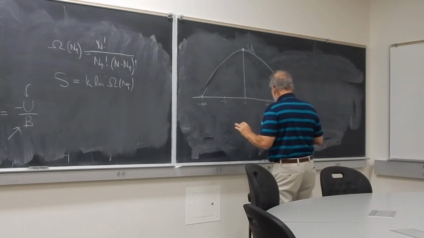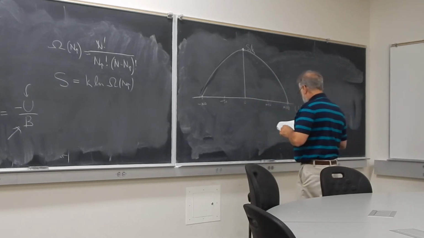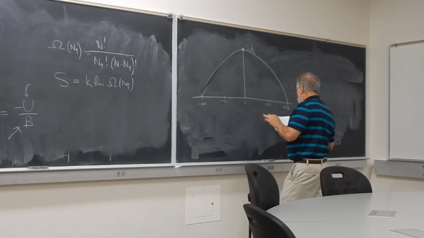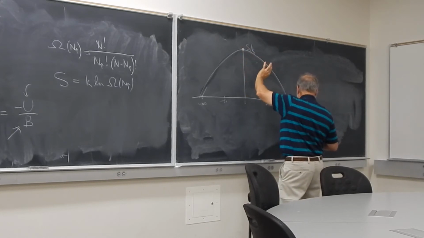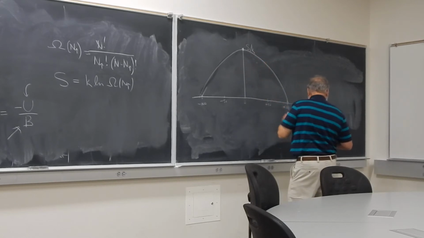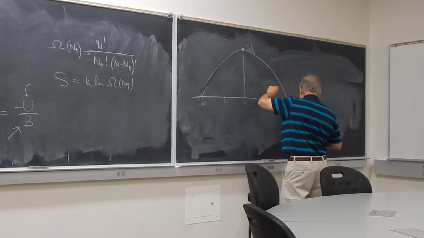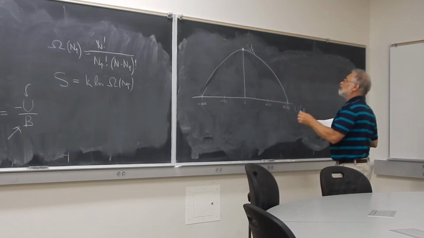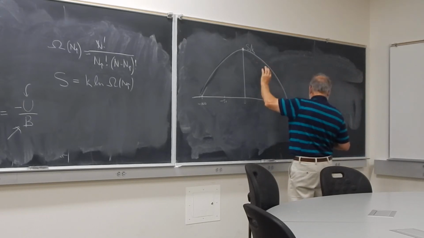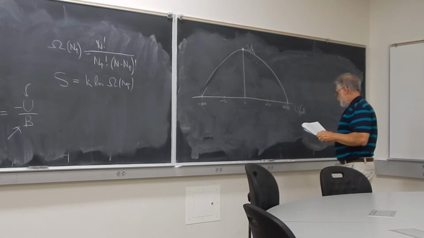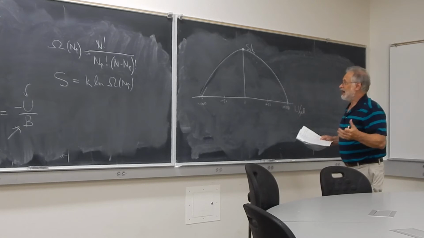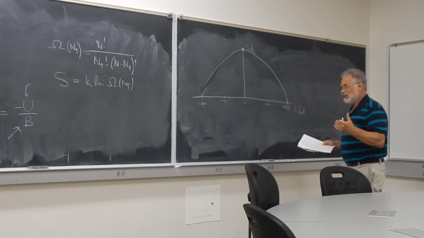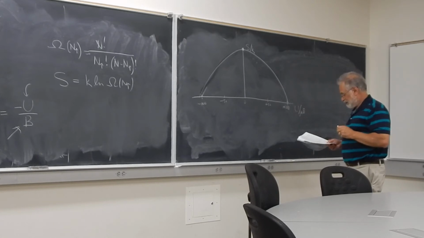By the way, once I reach this point and add more energy to the system, we're going to see that the entropy decreases because there are fewer and fewer ways to arrange that kind of configuration. If you want to compare this to when we did the Einstein solid, this is quite a bit different from what we found in the case of the Einstein solid.